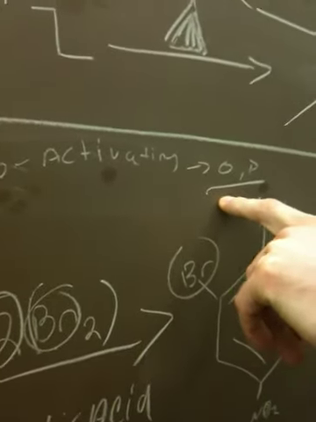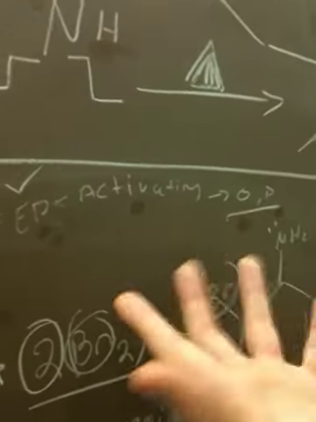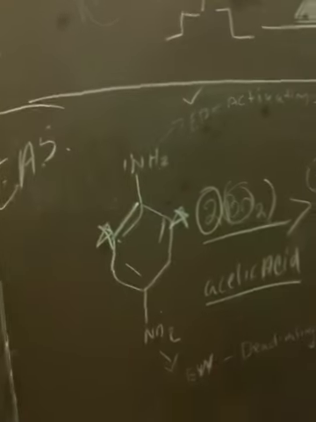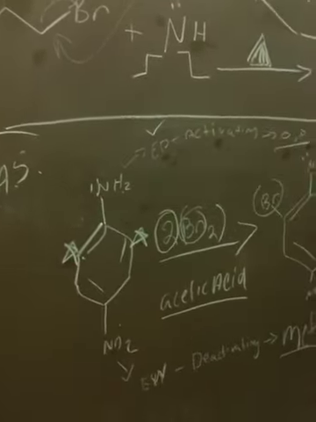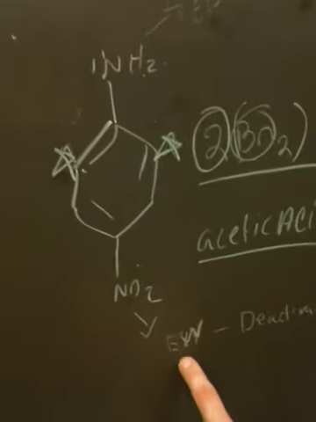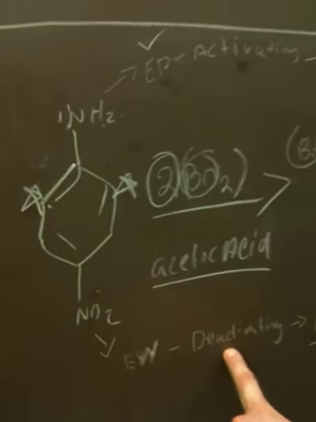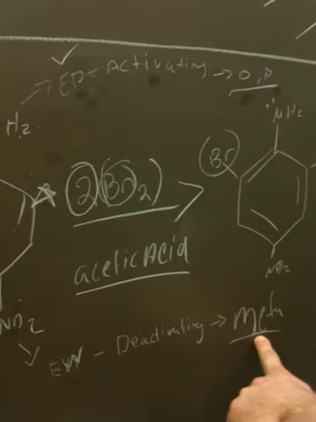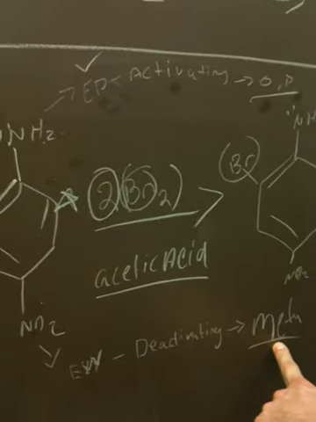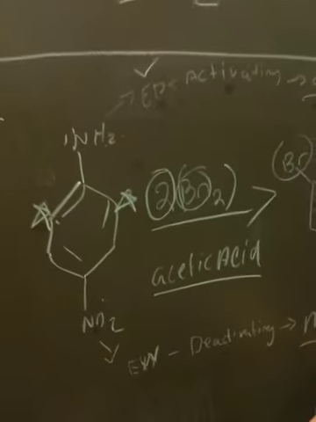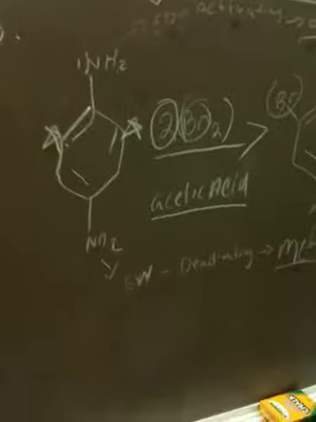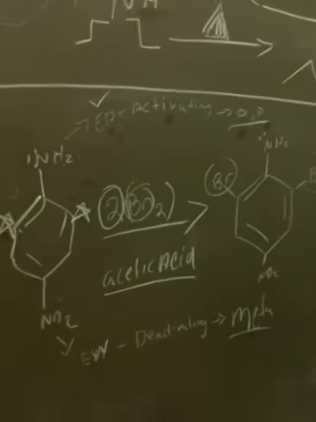It's activating these positions, so those positions are now activated to accept stuff that you're reacting it with. Now electron withdrawing is deactivating, and adds meta. I don't know if this is going to be important or not. I haven't done enough problems to know if ortho, para or meta is important in this chapter, but it might be. So I'm just throwing it out there.